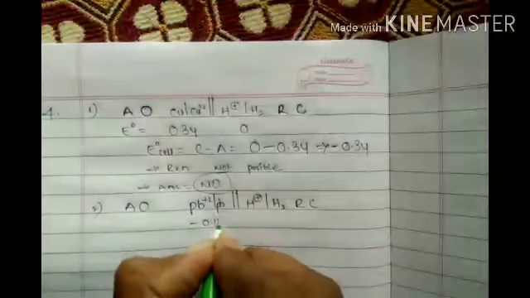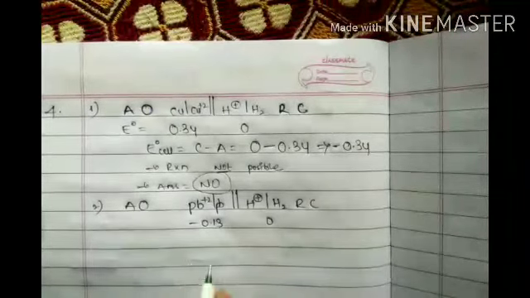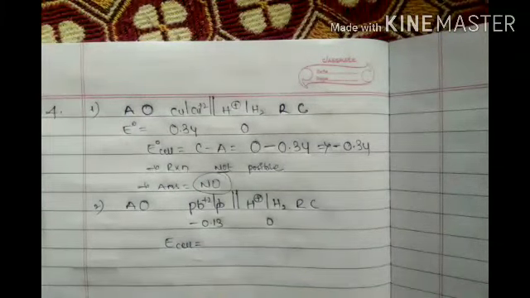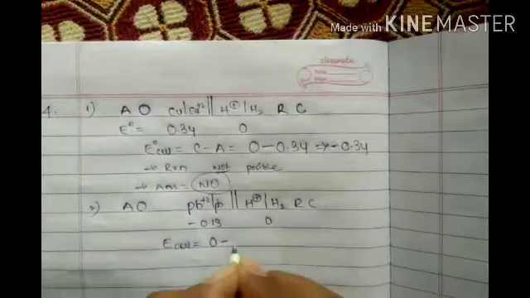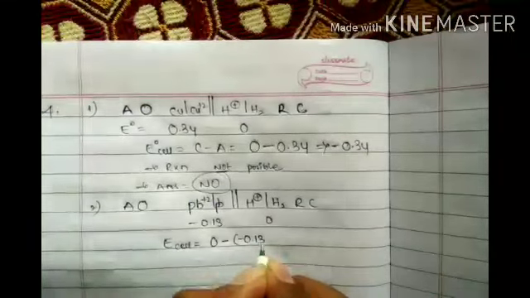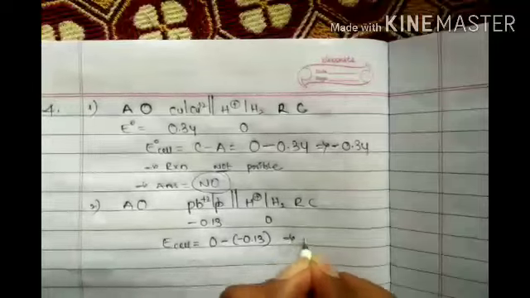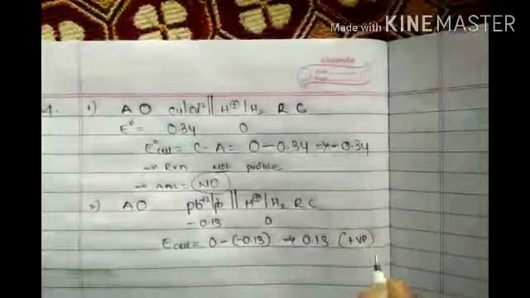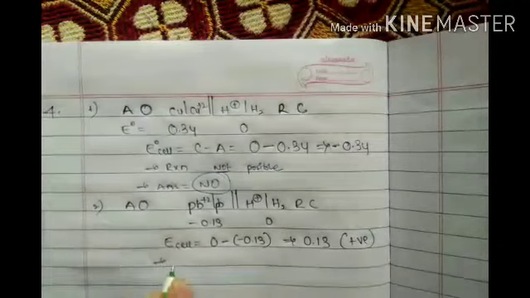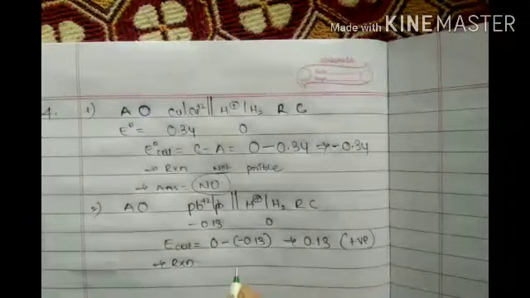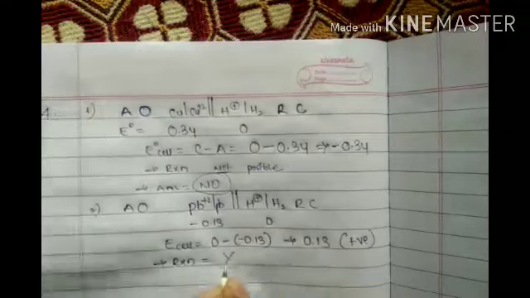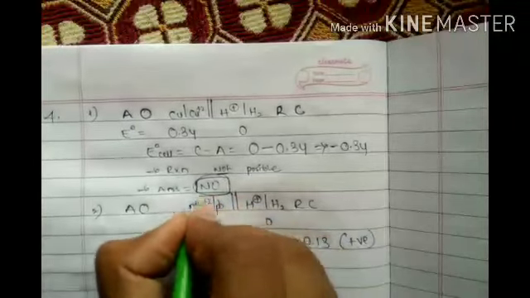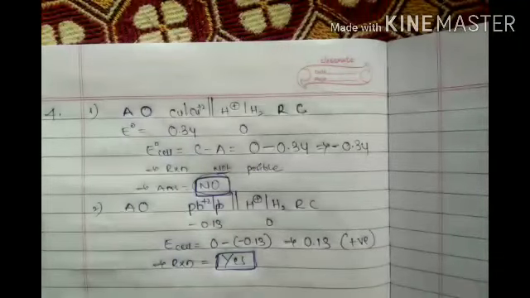Minus 0.13 and this is 0. Now cathode minus anode. E cell equals 0 minus minus 0.13. Minus into minus plus, it is 0.13. So it is positive, so reaction is possible. Now simply reaction is yes.